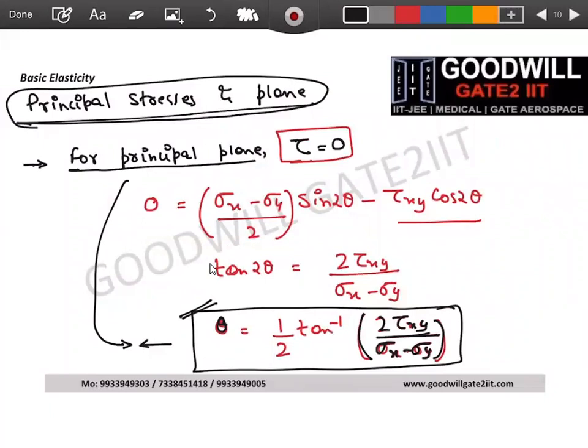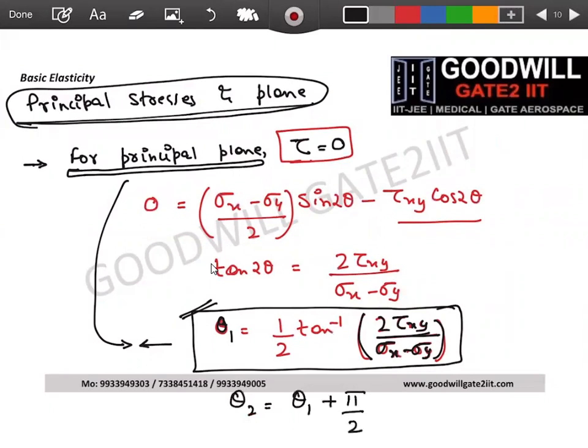No need, not required. But I told you there are two principal planes, right? This is one principal plane, and the other principal plane will be orthogonal to it. So if I know one, I automatically know the other one. Why? You should understand this.